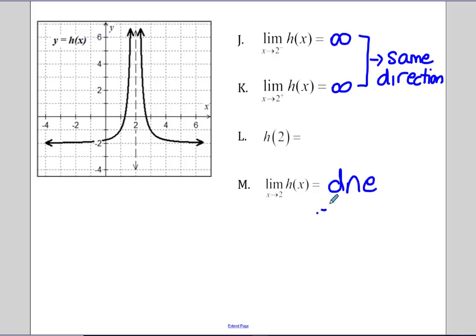But if we say infinity, this is a better answer because it tells me the behavior of the function. It tells us that the function is unbounded in an upward direction. So yes, the limit doesn't exist because technically infinity is not a number, but the behavior is infinity because it's unbounded in the same direction. And there is no function value at 2 since we have a vertical asymptote there.